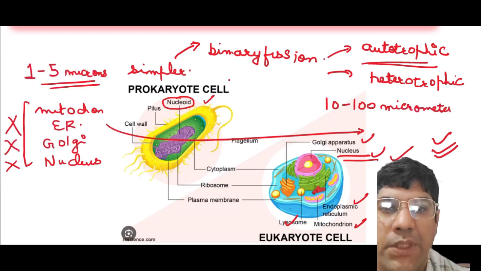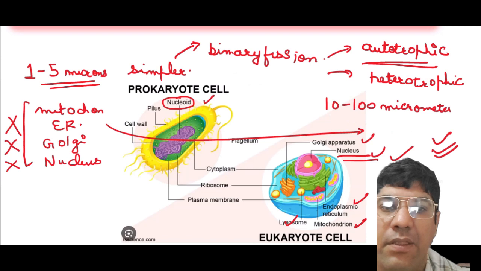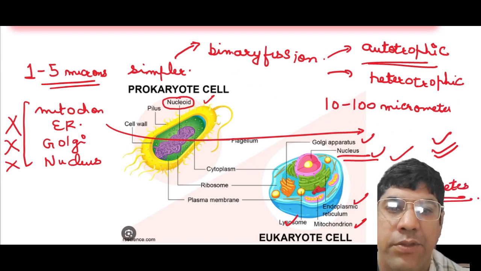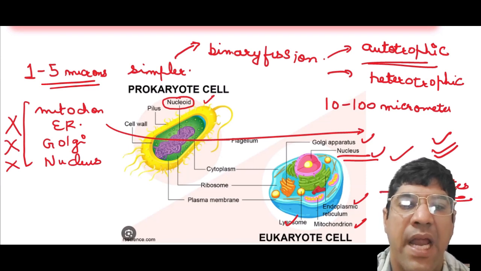Regarding their reproduction, they can reproduce both asexually and sexually. Sexual reproduction involves the fusion of gametes, that is, the sperm and the egg. Eukaryotes can be autotrophic as in plants and heterotrophic as in animals and fungi.